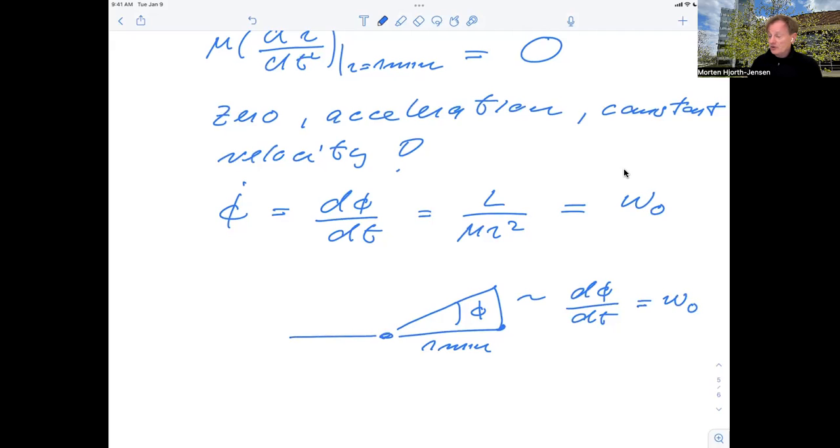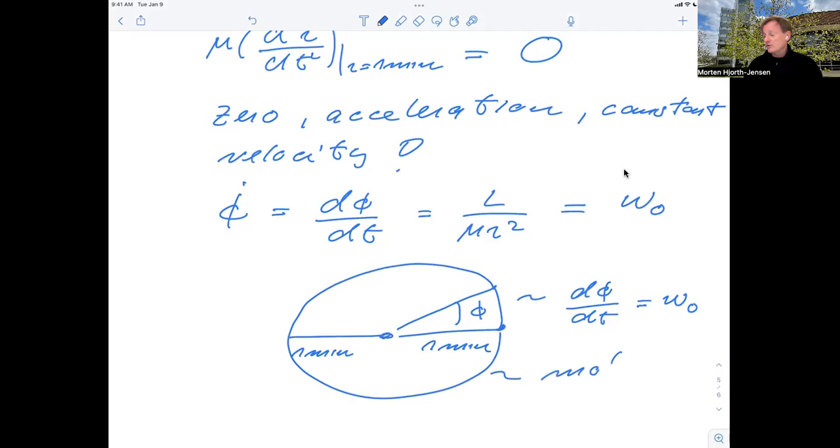So what is this system actually going to span? Since the acceleration in the radial direction is equal to 0, it means that the velocity is a constant. If the velocity is a constant, the motion is going to be a circle. This is the closest I get to a circle when I make my drawings.